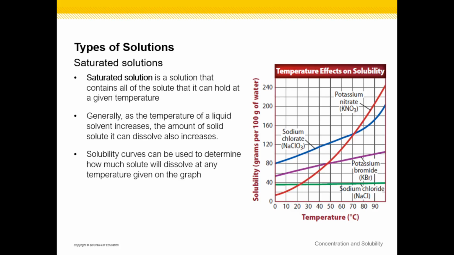So we don't see much fluctuation in the solubility for some substances, but for other substances, there's a lot of fluctuation. Okay? And so when you are trying to increase the solubility of salt using the temperature difference, that's not going to be very beneficial for you for sodium chloride.